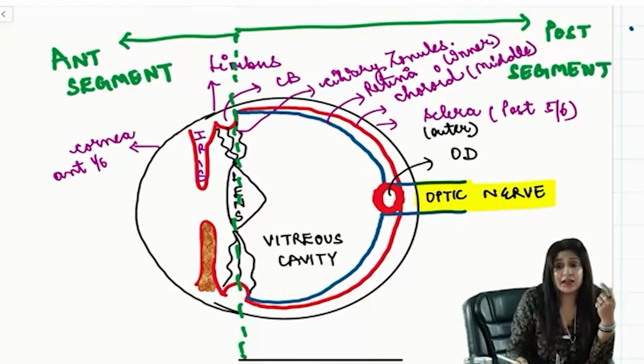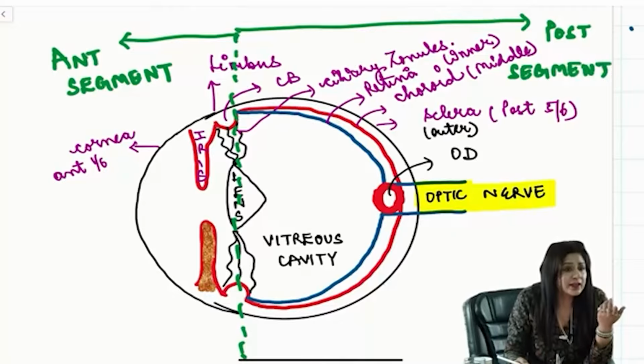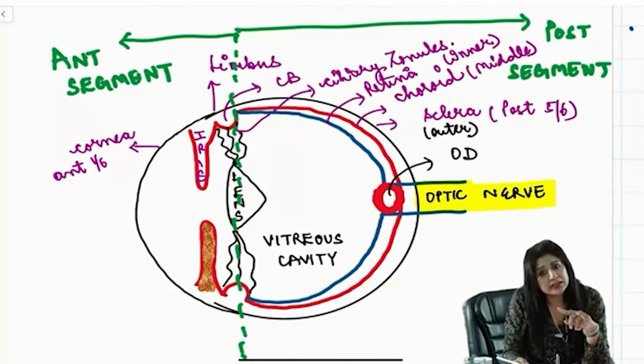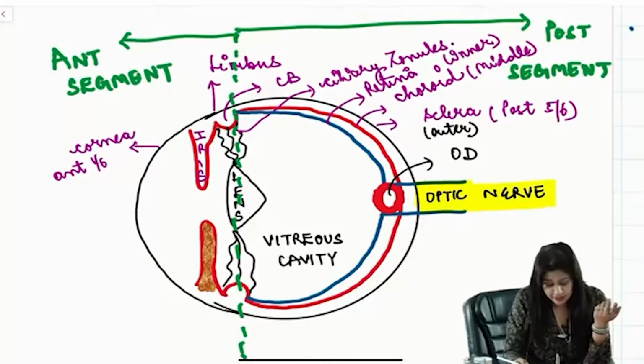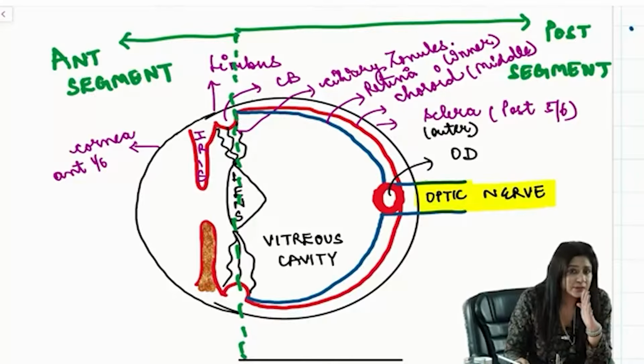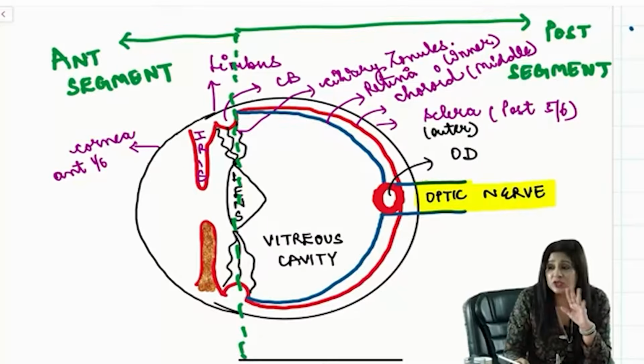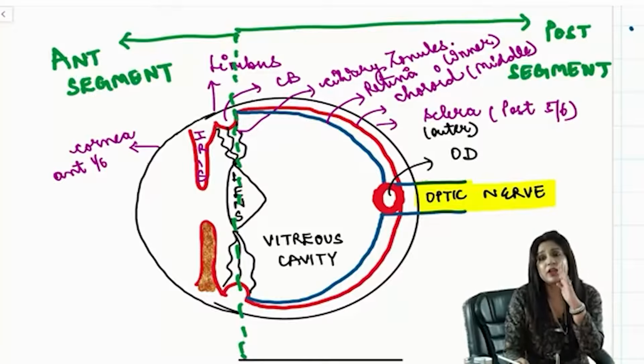So the one anterior to the lens is the anterior segment, the one lying posterior to the lens will be the posterior segment, which is divided by the lens. Lens is an imaginary landmark which we are using.